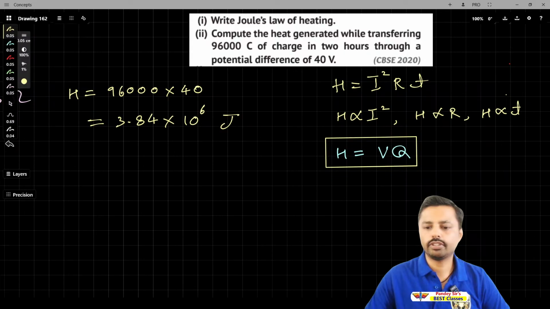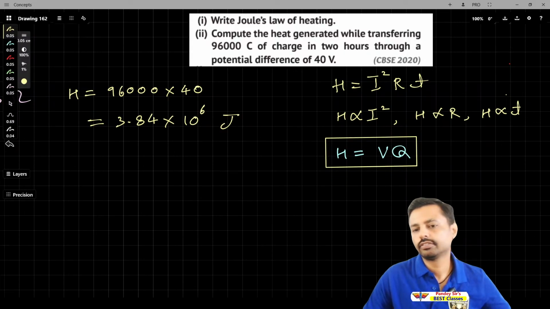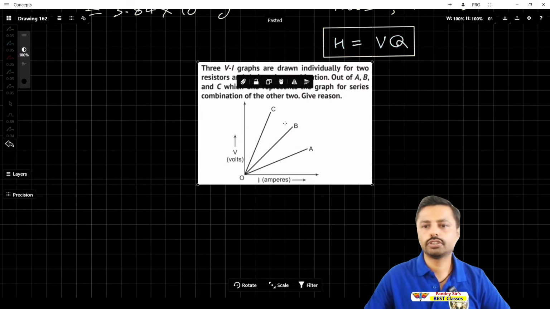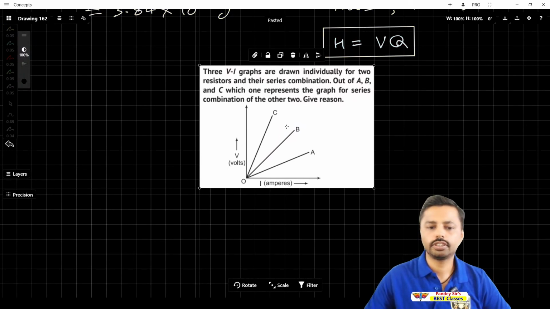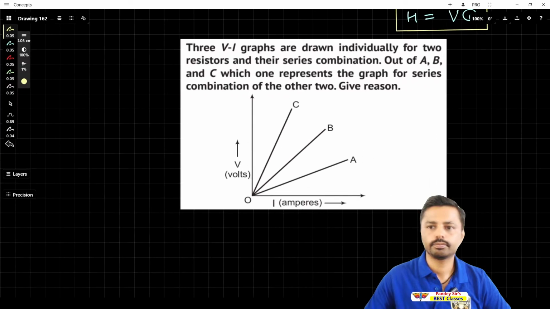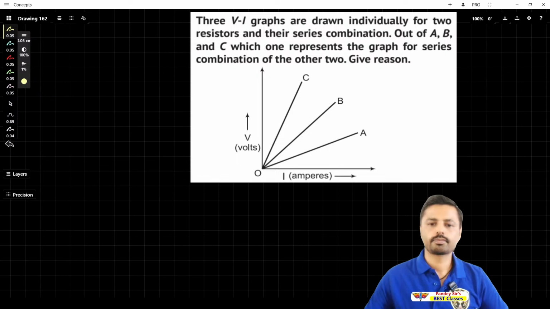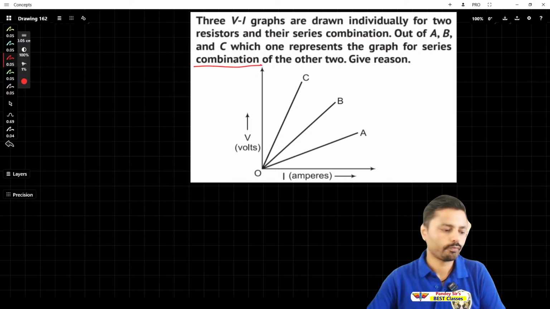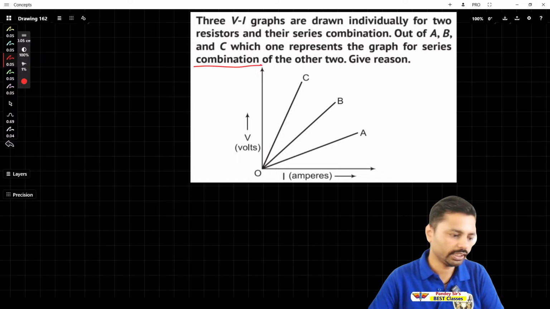So here I am giving a brain eating question, which is actually very easy but it bothers the students a lot. Here's that question. Which one represents the graph of series combination? Can you guess it? Which one's that?